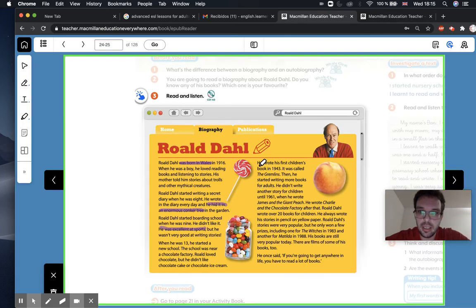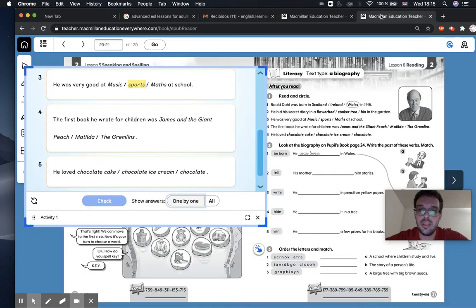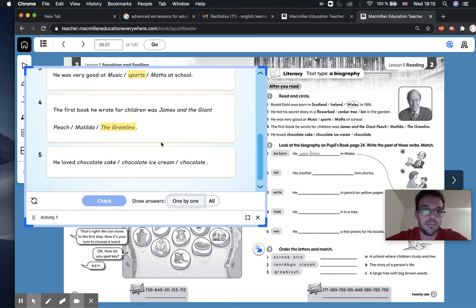It says here, he wrote his first children's book in 1943, and it was called The Gremlins. Well, the answer is The Gremlins.